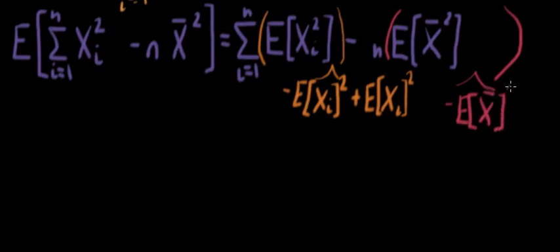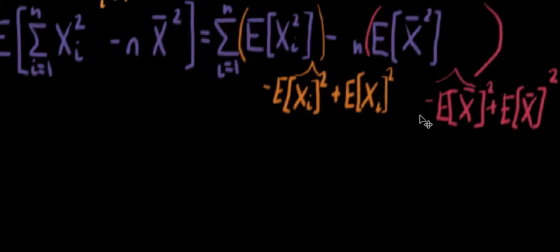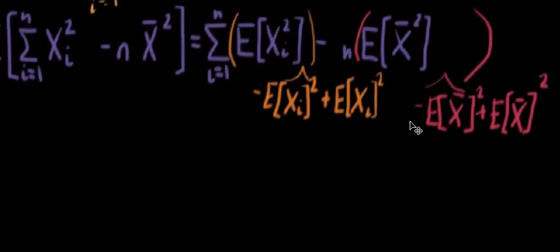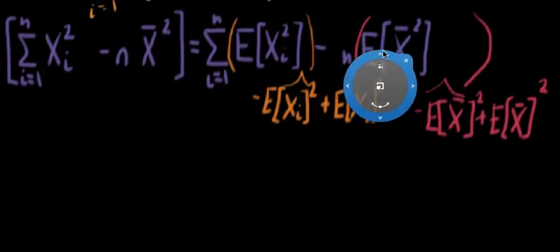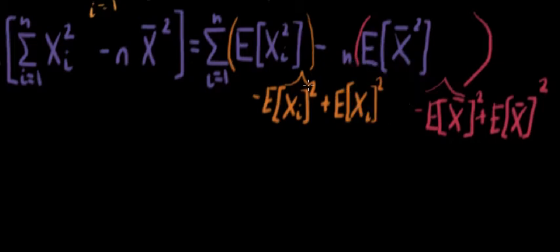So subtract the square of the expected value of X bar, and then to make sure there's no net effect, we add it right back in. And I just realized that I drew outside of what you guys can see.